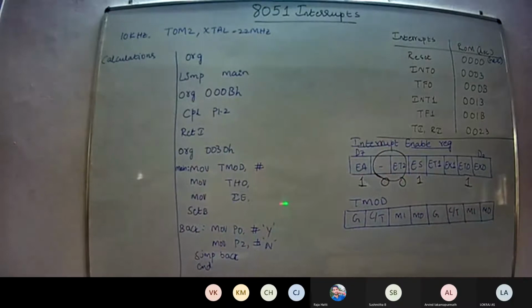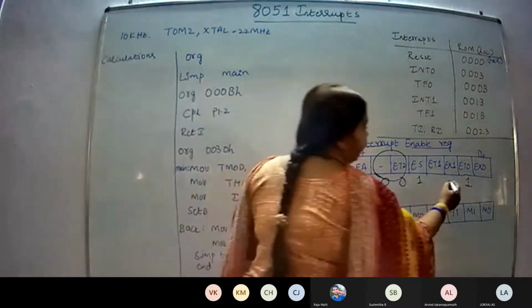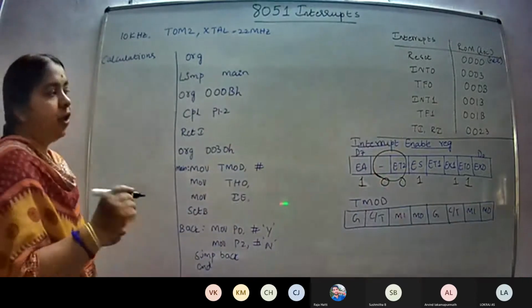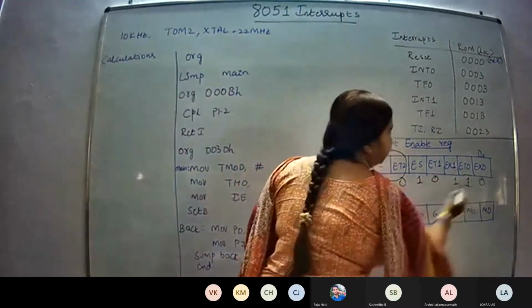Next, if you want to enable external hardware interrupt 1, that is EX1. To enable, you make it 1, and to disable, just make it 0. All others you make 0.